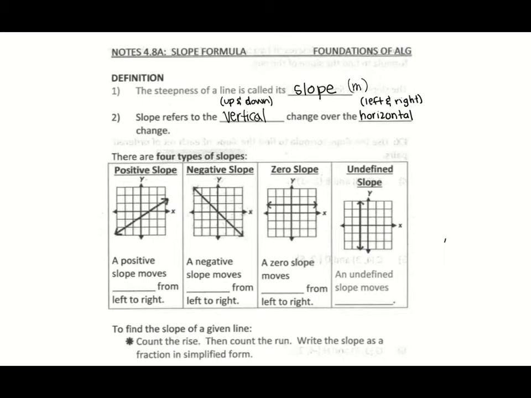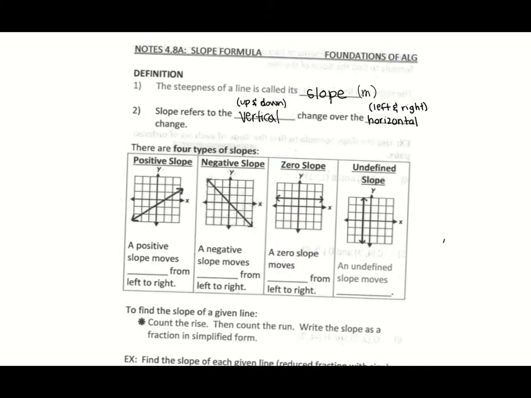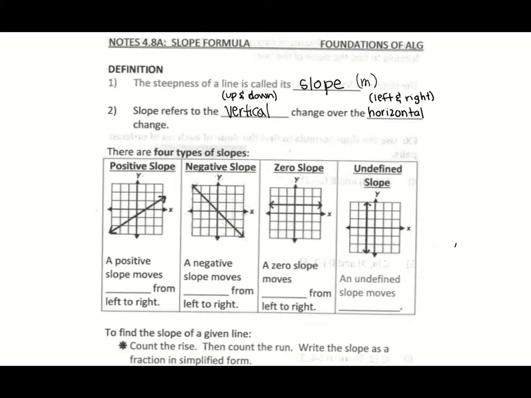Another way that we refer to that is called rise over run. So our slope is called rise over run. Rise is up and down, and run is to the right. Okay, that is an easy way to find your slope.